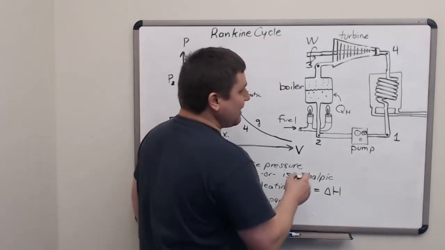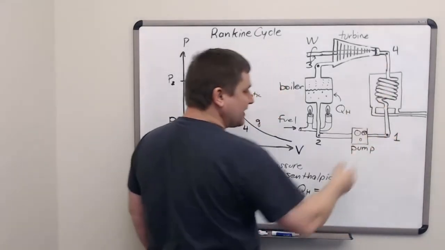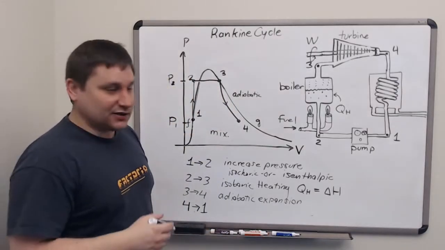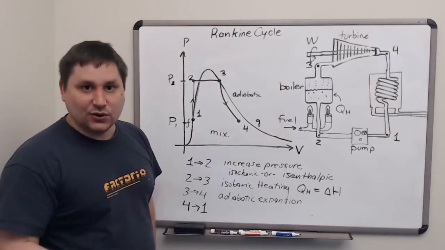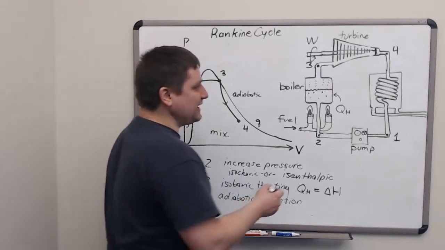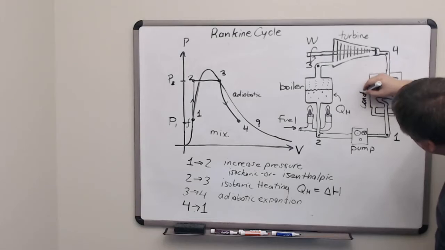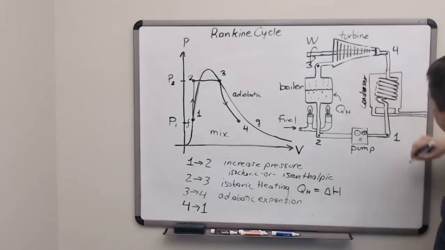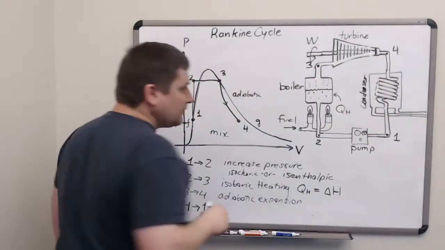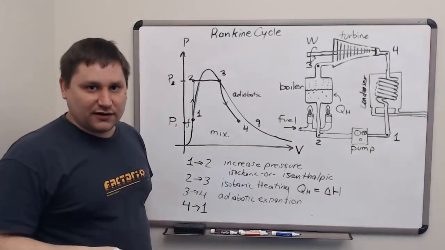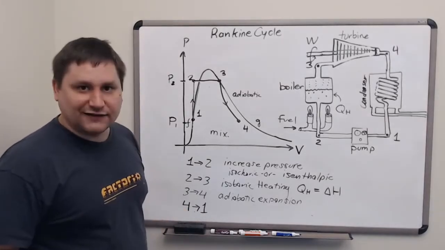Our last step is to return the water back down to its initial state of being low pressure and low temperature. And we do this by a device called a condenser. The condenser basically puts the water and steam into contact with a cold reservoir.